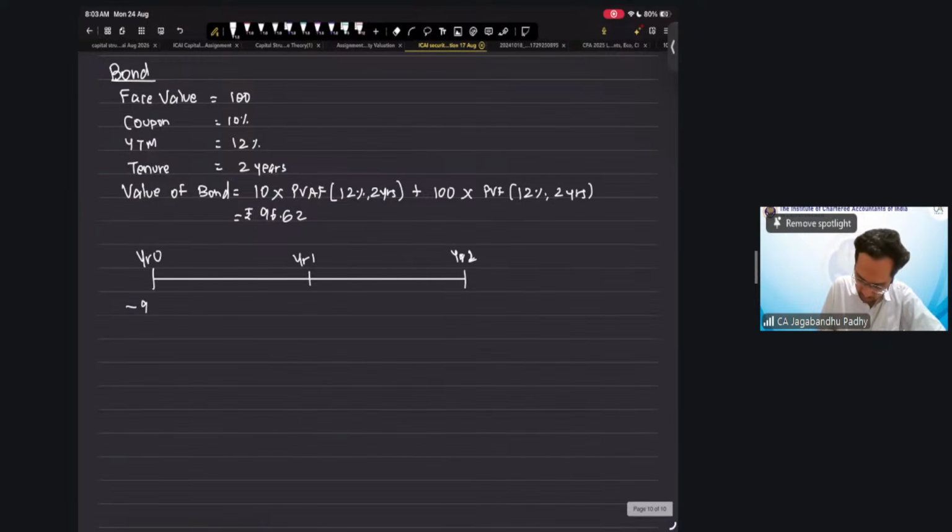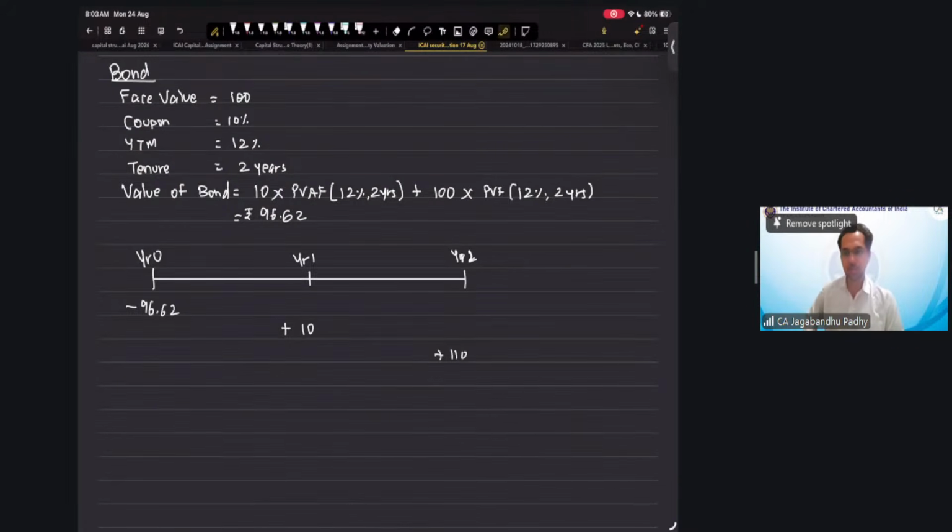So today you invest 96.62, right? And you receive a coupon of 10 in the first year, and you receive a coupon of 10 and the face value, which is 110, in the second year, right?